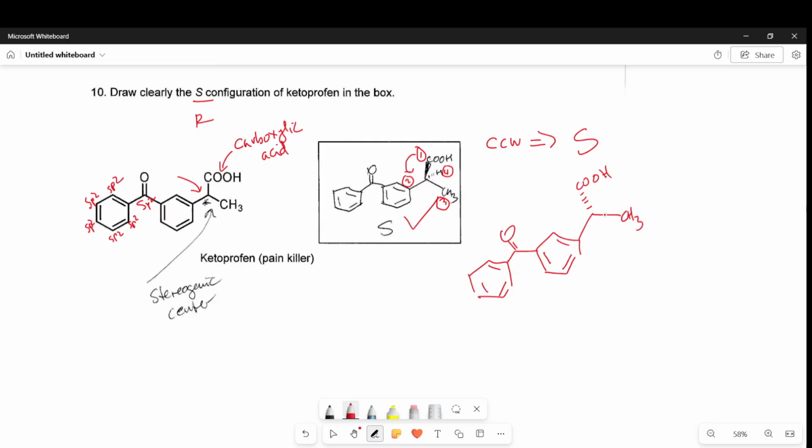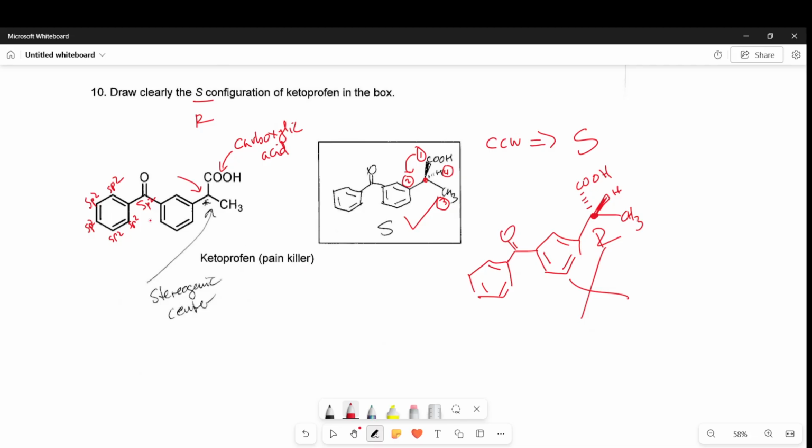CH3 is here, and the H group is facing towards us. So this is the R configuration. That's not the biologically active one. This is what you are asked to draw. So the difference between this stereogenic center and that is, this is an S, this is an R stereogenic center.